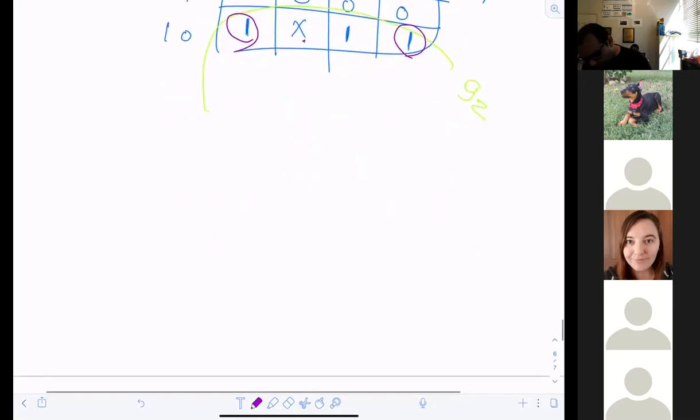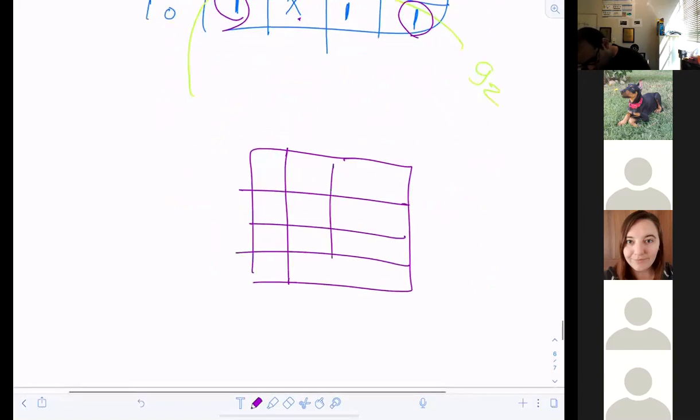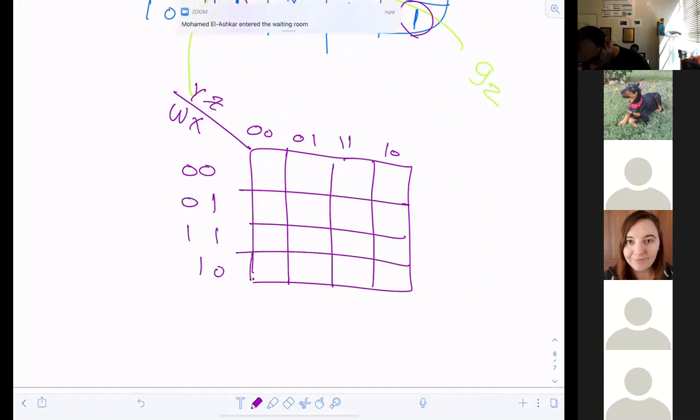Anyway, what about if I do it like this? W, X, Y, Z. Okay, and then I put it like this.